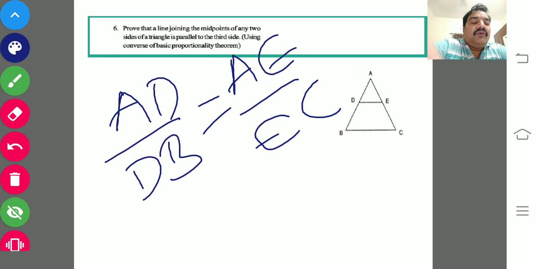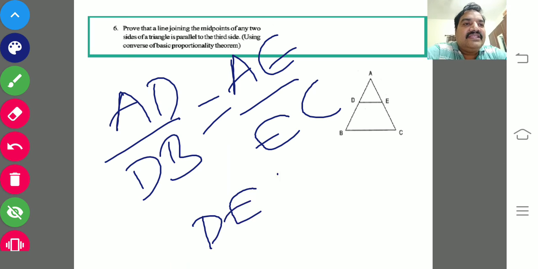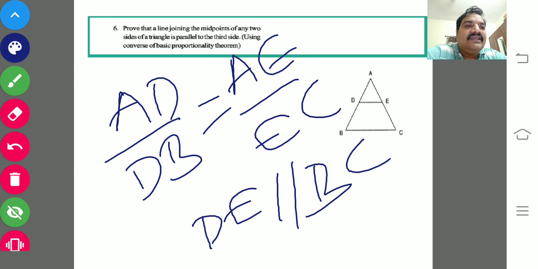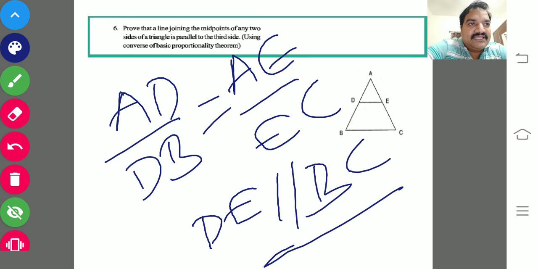Then what will happen in the converse of BPT? Yes, obviously DE is parallel to BC by the converse of the basic proportionality theorem. So we reached our destination. This is our analysis.